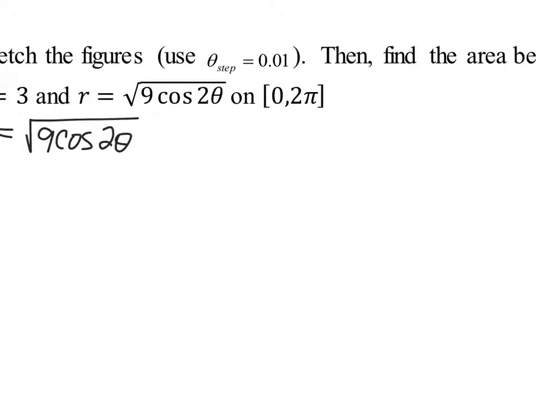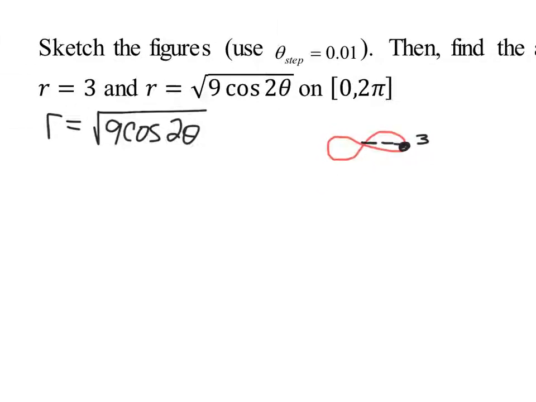So the graph is going like this, then going through the pole, then back. And so this is the key point, which is 3 units away. All right, so that's the missing unit. That was so weird.